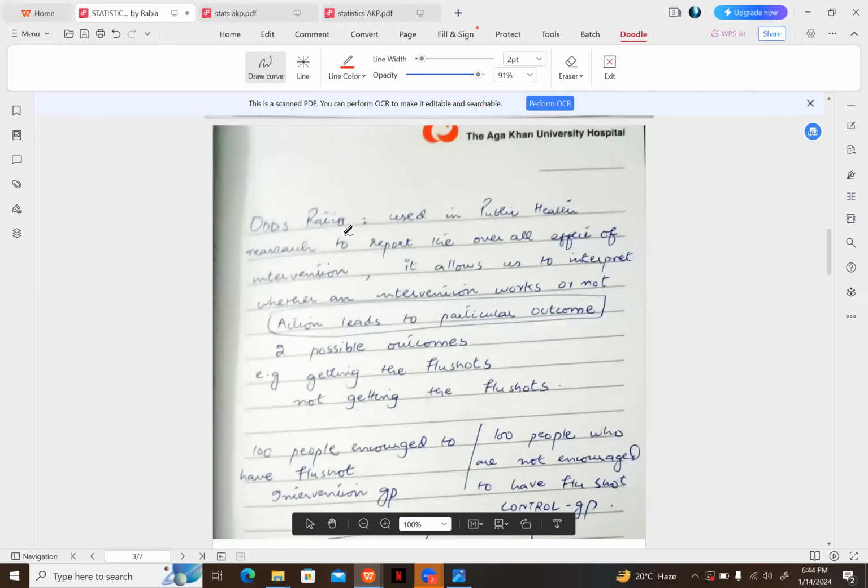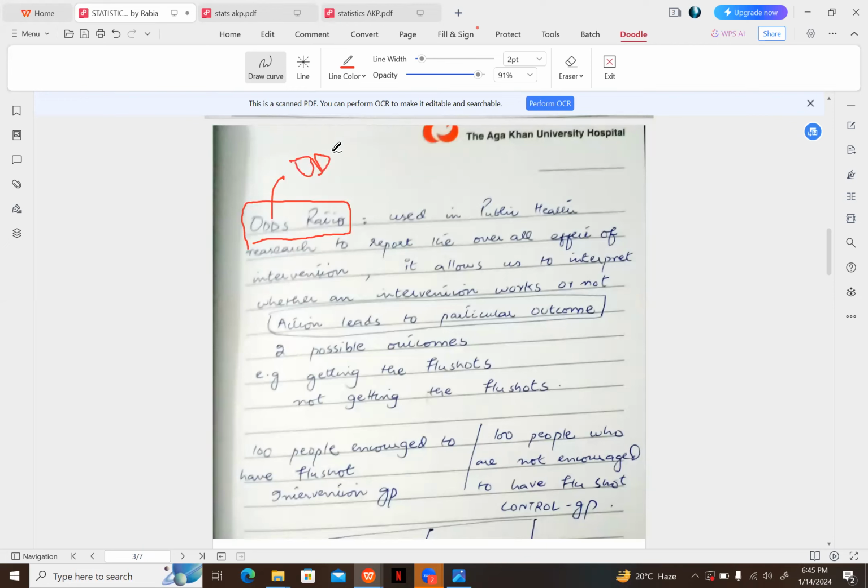Okay, odds ratio. Coming towards the odds ratio, first of all, what are odds? Just keep in your mind, odds means some comparison. We are doing some comparison in one group and in a second group, then we take the ratio of them, and then we interpret whether it is more than one or less than one, and that gives our results.